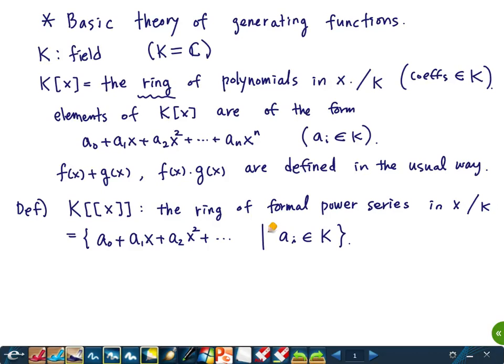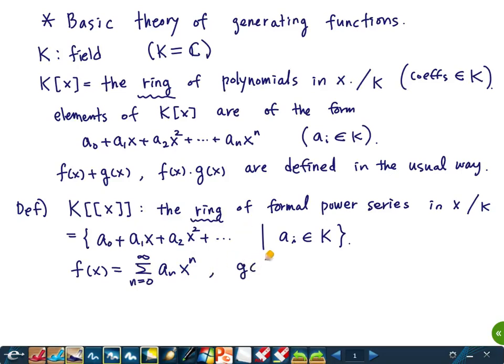We can write this using summation, n from 0 to infinity, a sub n x to the n. So this is the same as this, just another way of writing it.